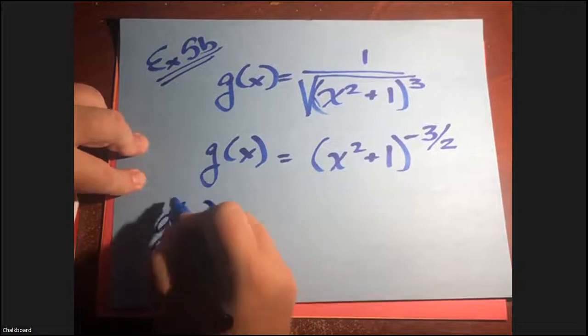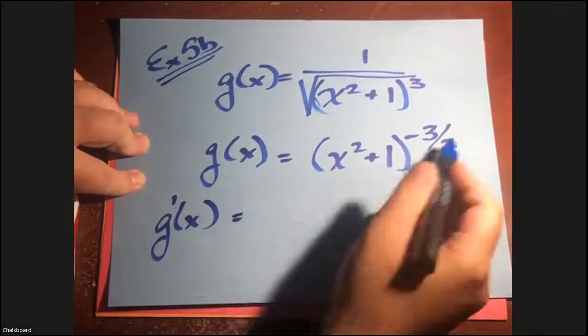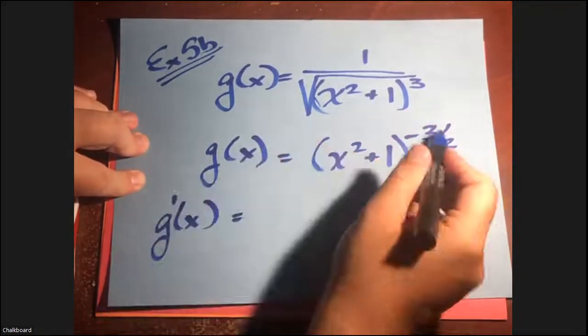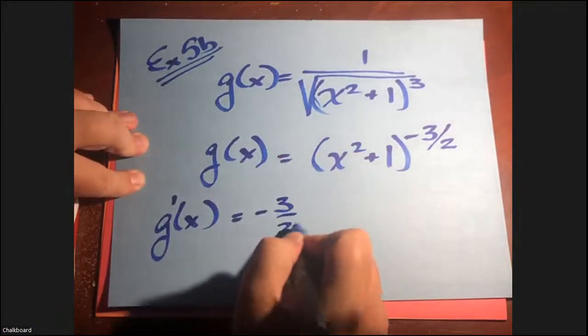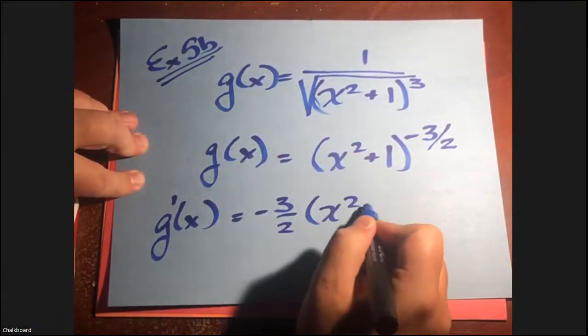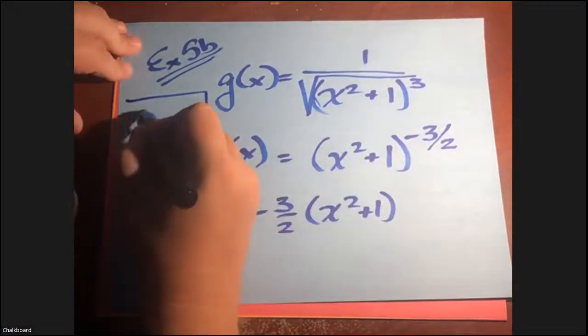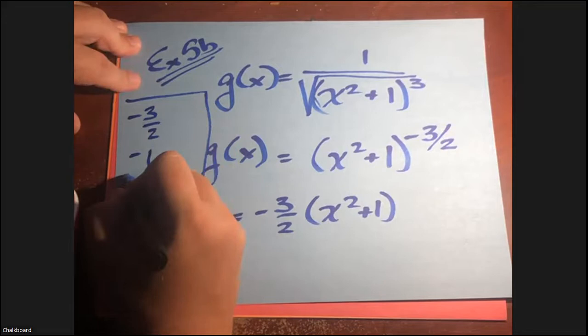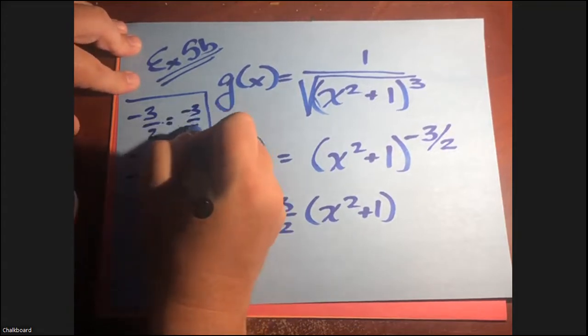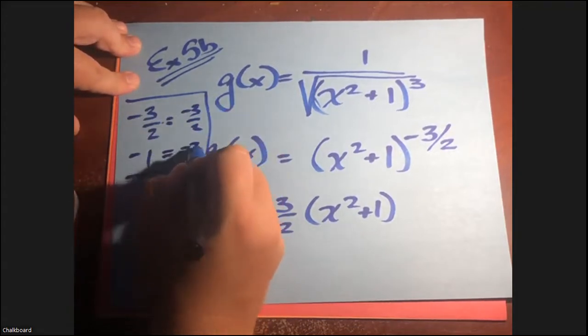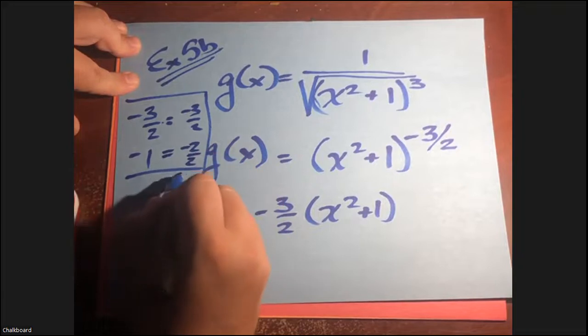G prime of x would be, take the coefficient, make the exponent the coefficient -3/2, and then write the cloud. And now figure out -3/2 minus 1. Okay, don't give up. -3/2 minus 1. That's like -3/2 minus 2/2. It's the dreaded -5/2.